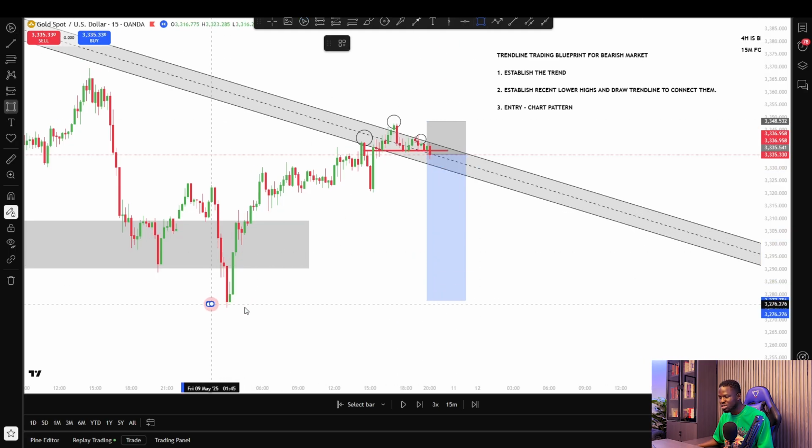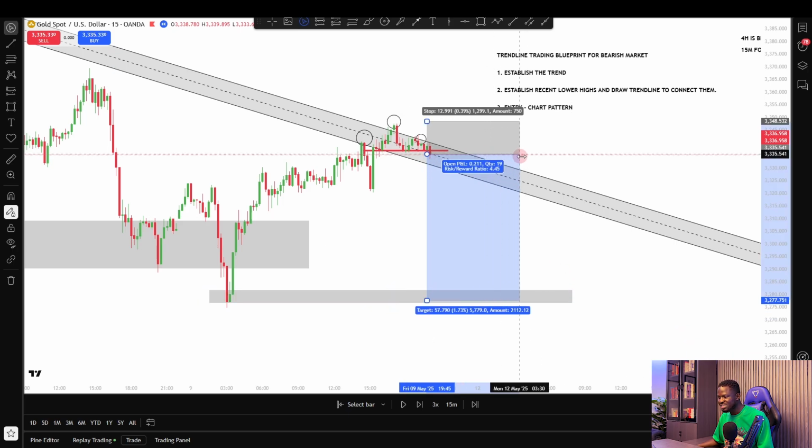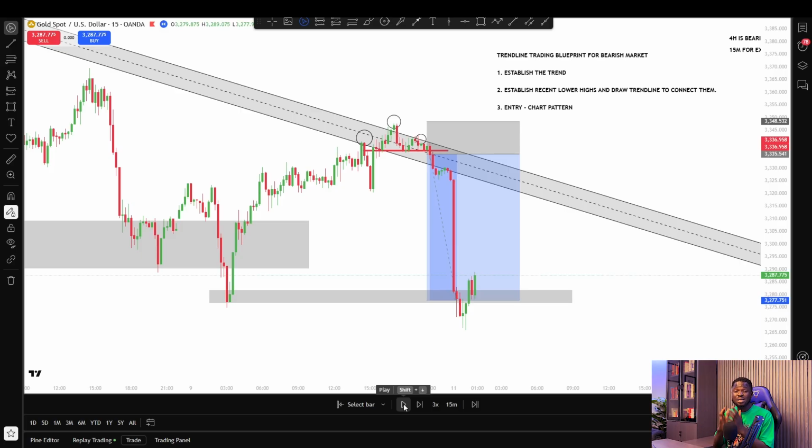So this is going to be our final take profit level. So let's see what the price action will offer us on this trade. Now the price action is heading towards our TP. Finally, price mitigates our TP zone.